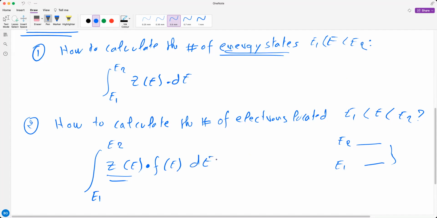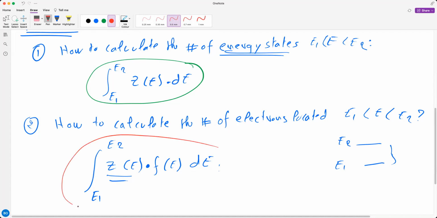So please remember this. The quantity I just circled in green gives you the number of energy states between E1 and E2. This one gives you the number of electrons populated between E1 and E2. Is this clear?